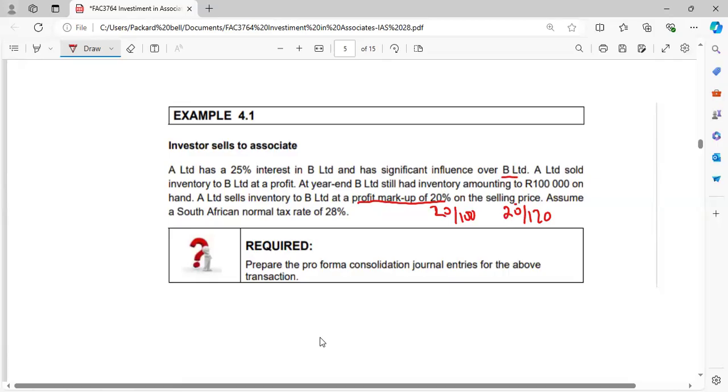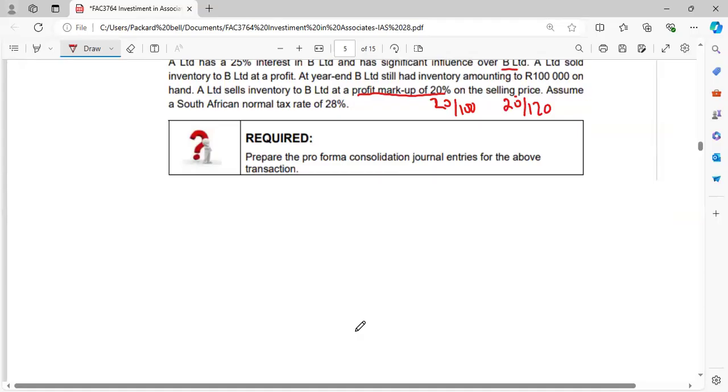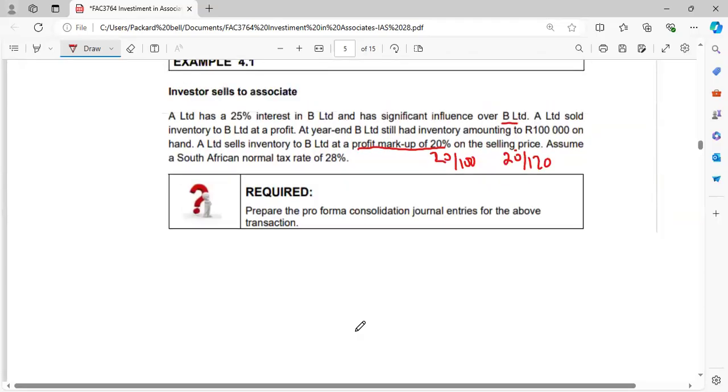Right, then they say prepare the pro forma consolidation journal entry for the above transaction. We want to prepare the pro forma consolidation journal entry. I think from your previous consolidation, we should see what is happening here.